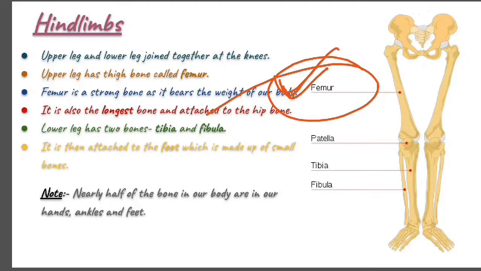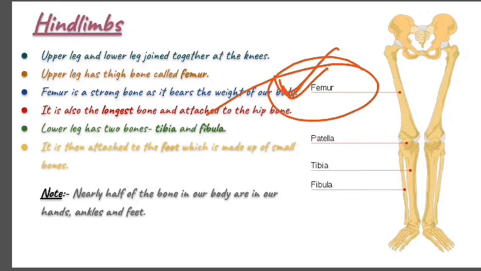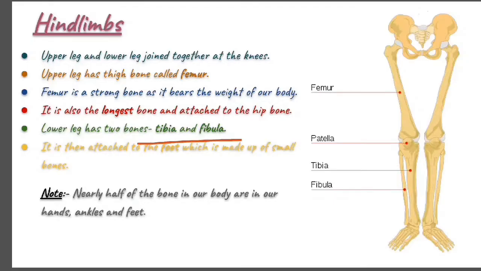The upper leg has the thigh bone, called the femur, and it is the strongest bone because all the weight of the body is exerted on it. That is why it is the strongest and longest bone in our body. The lower leg has the tibia and fibula, and it attaches to the foot, just like the arm attaches to the hand.